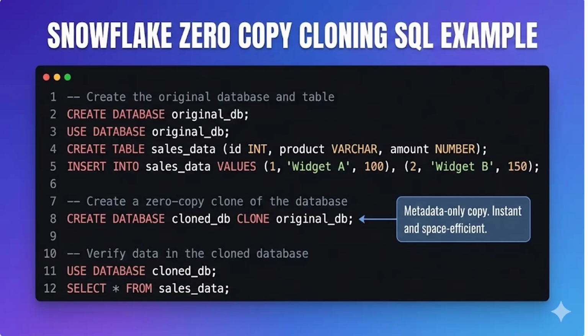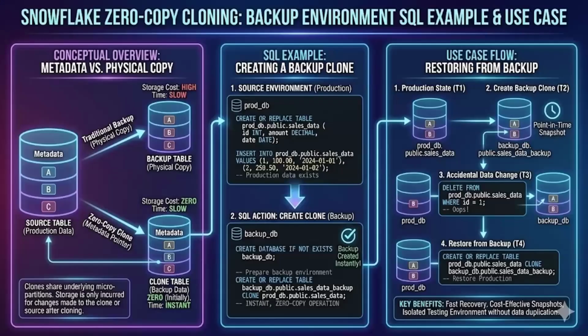Are you getting what I'm trying to say? This table sales data which you created in the original DB will be available in the cloned DB because we are cloning the entire database. If I have multiple tables, all tables will be available in this cloned DB. And it is not going to copy the actual data, it is only going to copy the metadata, because the metadata will point to the same micro partitions for both the clone table and the actual table.